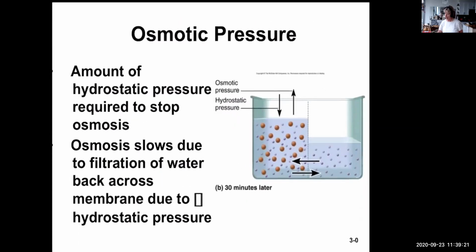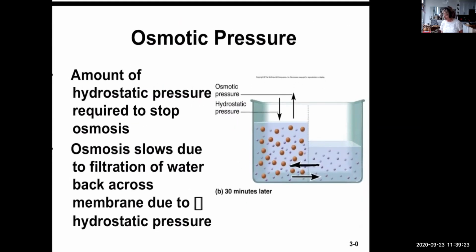So eventually it will look like this. So the water has moved in this direction. Eventually it will stop moving because the hydrostatic pressure, the pressure from, in this case, the atmosphere, prevents any more water from moving in that direction. There will still be some movement, but the net movement will be zero by that point.